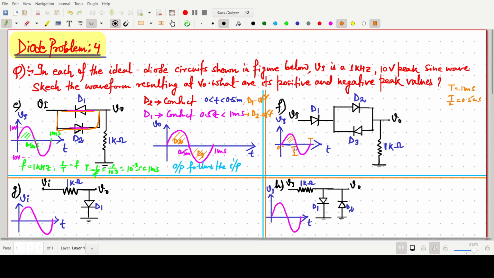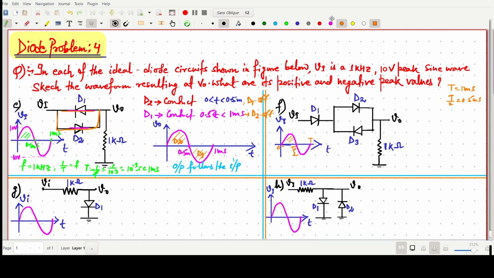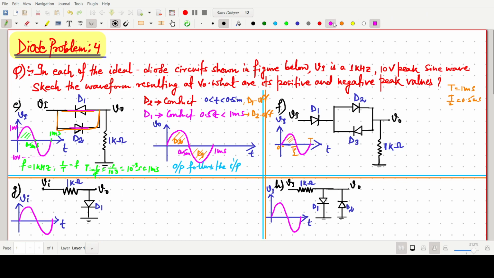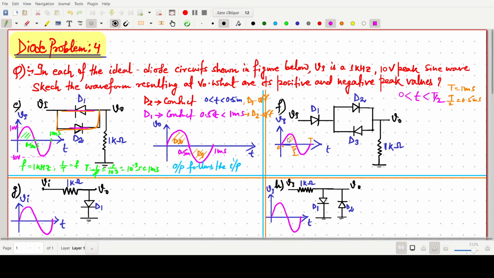In between 0 to T by 2, in between time 0 to T by 2, positive half, this D1 will conduct, and this one is also positive. So D1 and D2 will conduct, but D3 will be off.